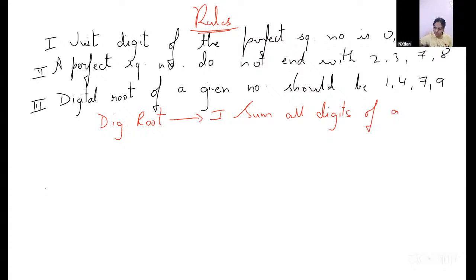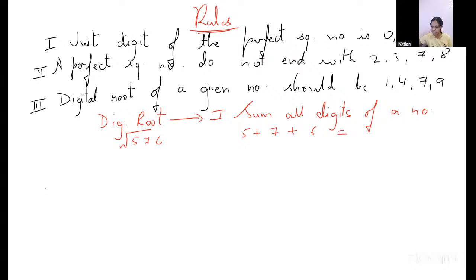Suppose I have a number 576. So I will do 5 plus 7 plus 6.